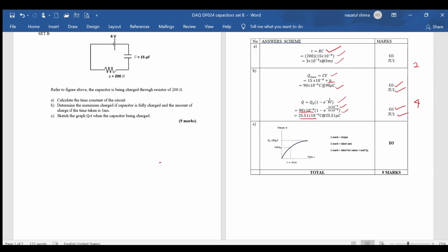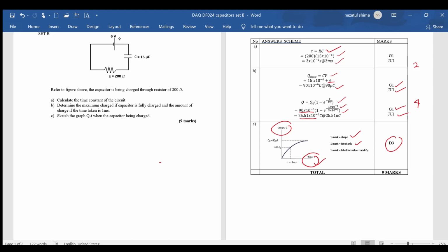Okay, and C, sketch the graph QT when the capacitor being charged. So for the charging process, our graph for QT graph is like this. So the full mark is 3 marks. So 1 mark for shape, okay, and 1 mark for the label axis, charge and time.